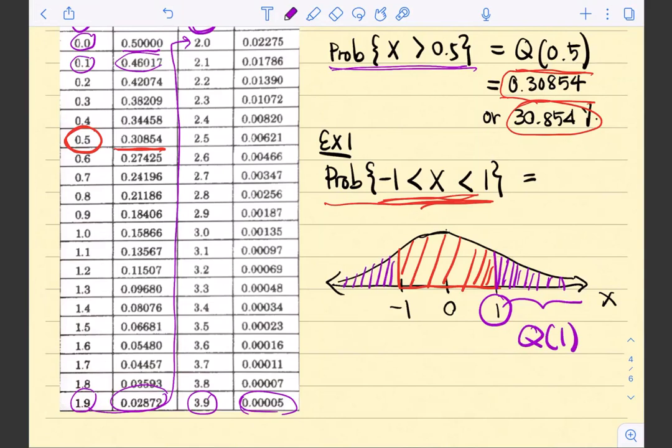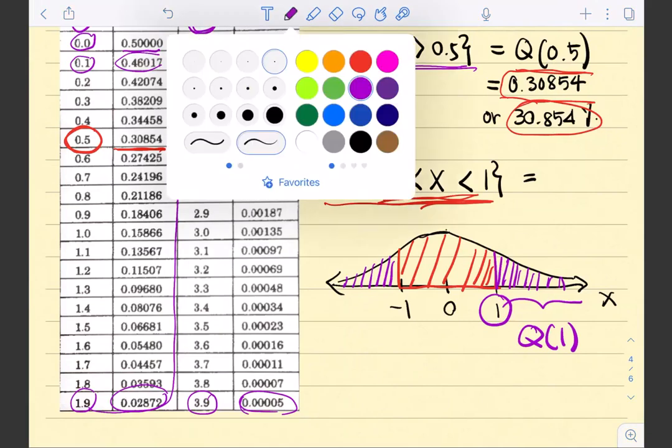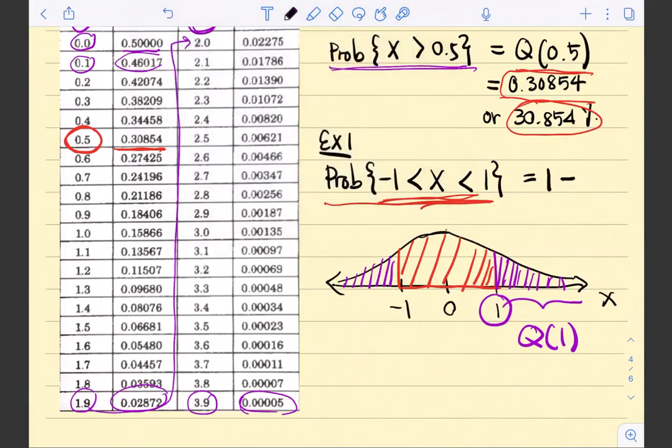So the tail on the right is going to be the tail on the left as well. And you know that the whole area of the graph is equal to 1. So you subtract that, and you get this red area. That's how I would explain this. So this is equal to 1 minus Q of 1 minus Q of 1, so Q of 1 twice, basically.